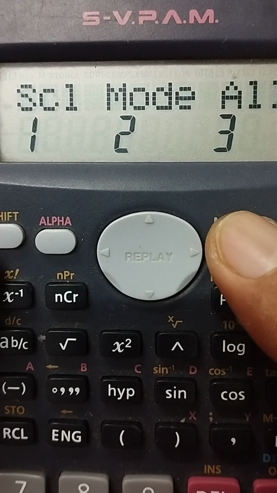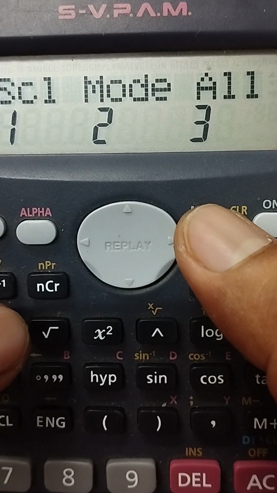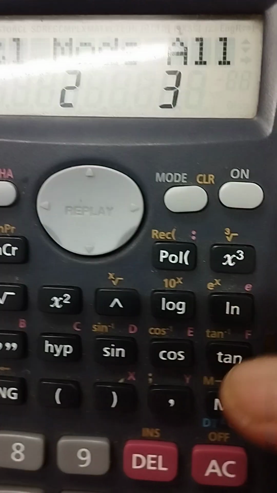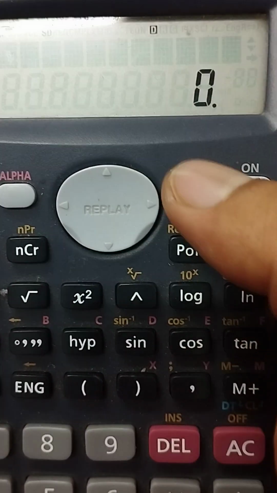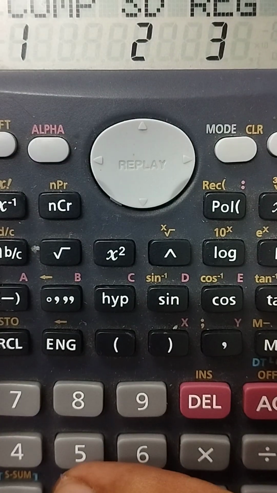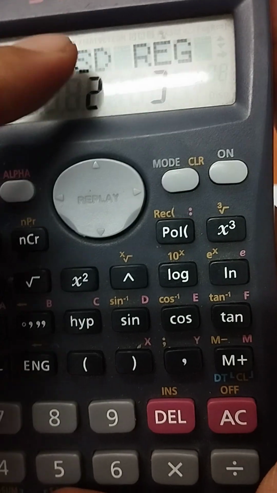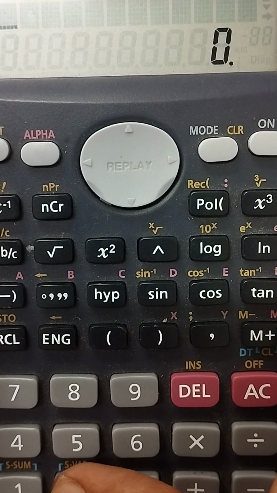So what we have to do is make sure that our mode is in SD mode. You just have to press mode, then make sure you are in SD, which corresponds to a 2, so I press 2.